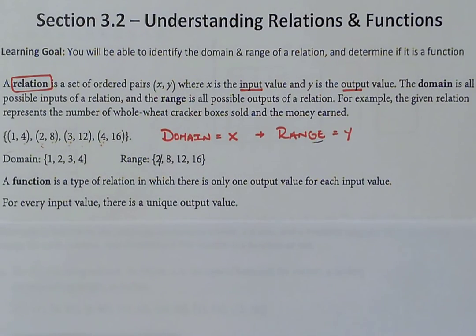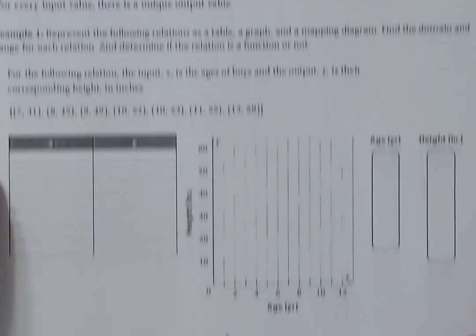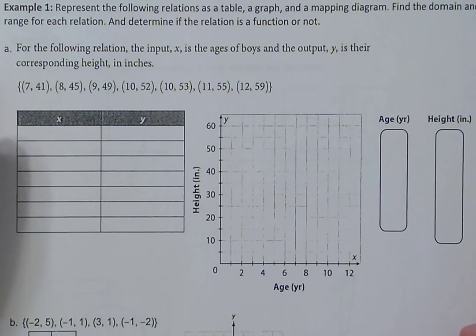Alright, so with all of that said, example 1 is going to ask us to represent the following relations as a table, a graph, and a mapping diagram. We need to find the domain and range for each relation and determine whether or not it is a function. So that's going to be our goal for example 1. I'm going to move this up so that we can take out all that extra stuff.